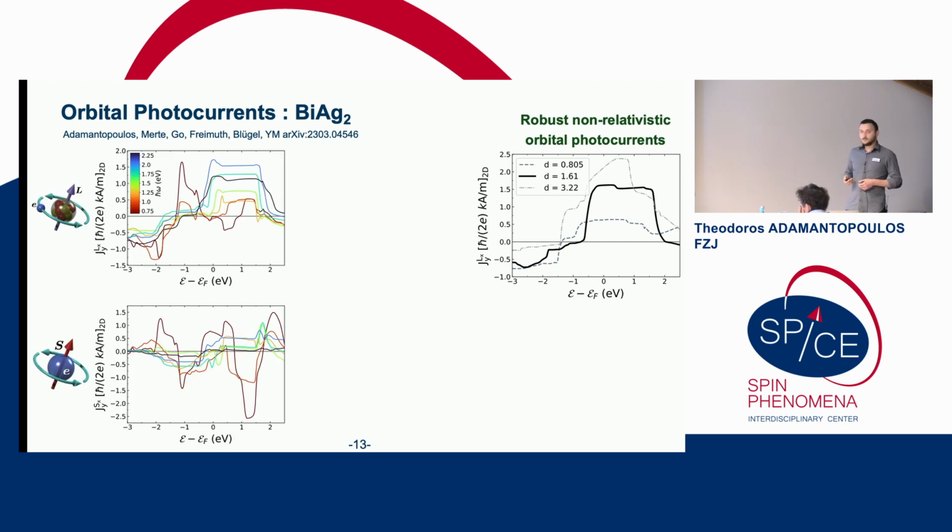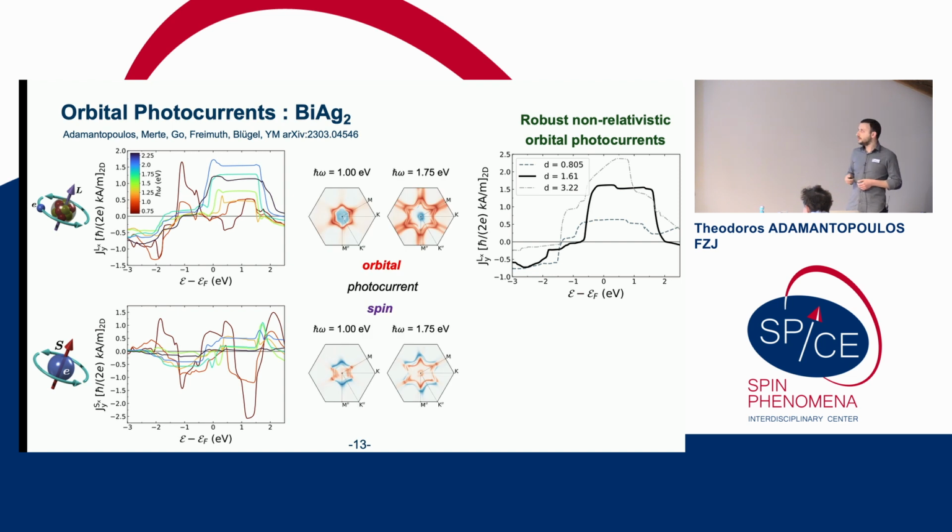When we consider spin-orbit coupling, the orbital photocurrents remain unchanged in magnitude, but their robustness increases with the value of the laser frequency. On the other hand, the spin photocurrents are robust, but they become suppressed when we increase the laser frequency. To understand this behavior better, we have a look into the reciprocal space.